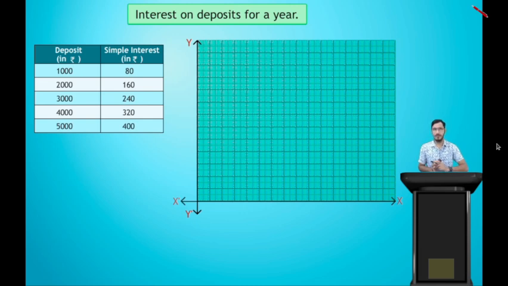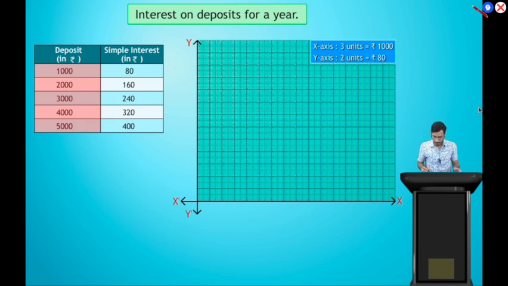First we draw the x-axis and y-axis, which are mutually perpendicular. Now, taking a suitable scale, on the x-axis 3 units is equal to 1000 and on the y-axis 2 units is equal to rupees 80.